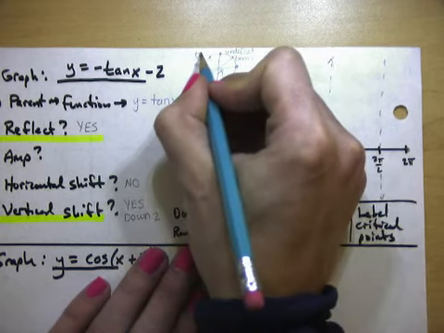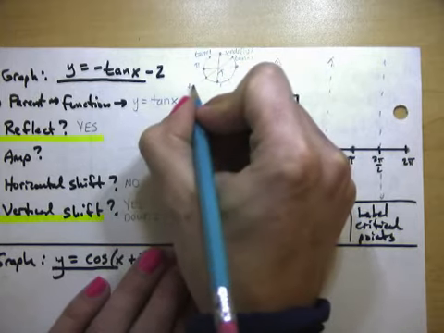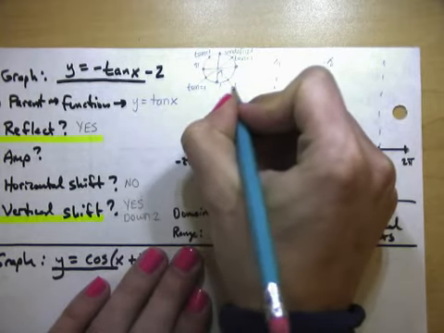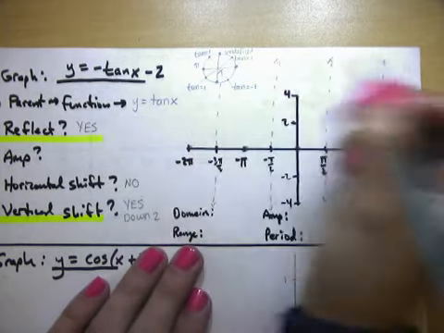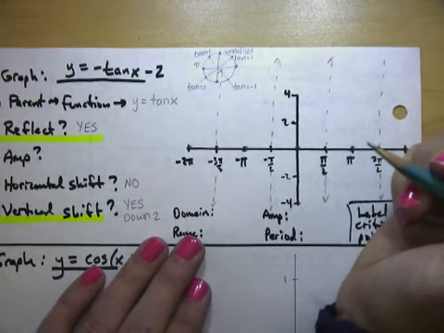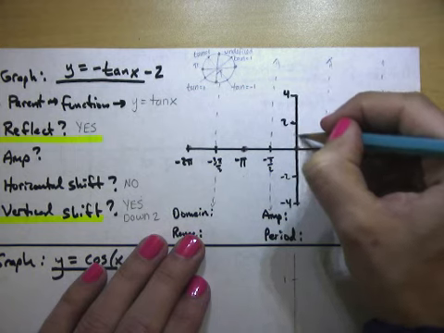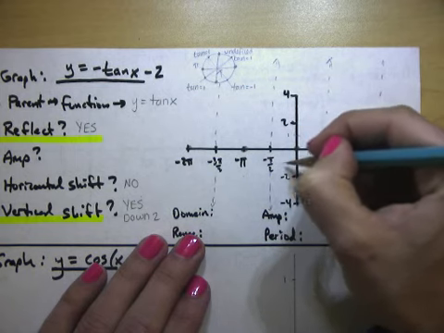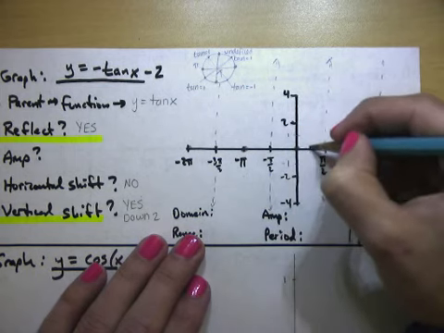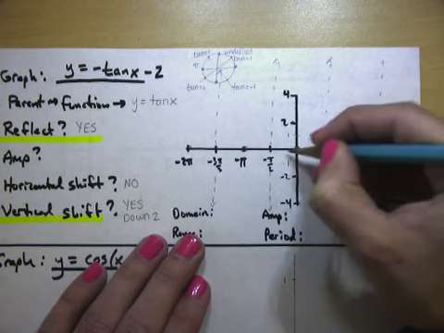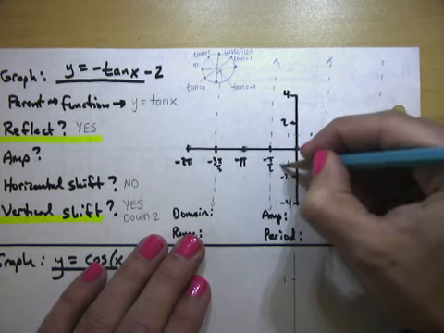In this case, these were probably our optimal points to graph if we were to choose at least 3 points on every period. So pi over 4 would be here, so let me mark off where 1 would be. At pi over 4, we'd be at 1. At negative pi over 4, we'd be at negative 1.